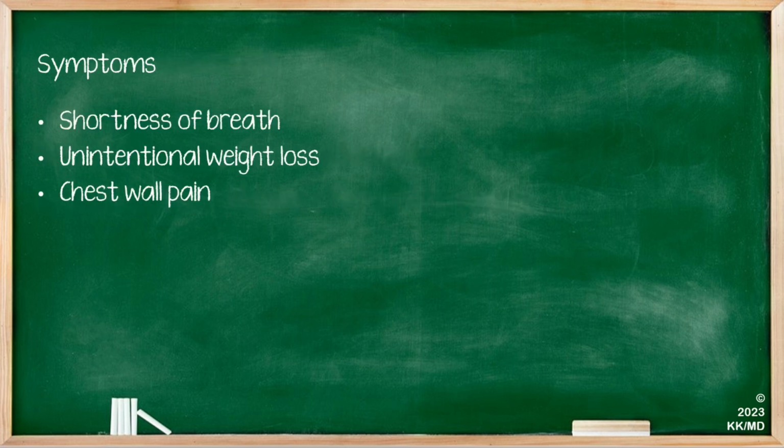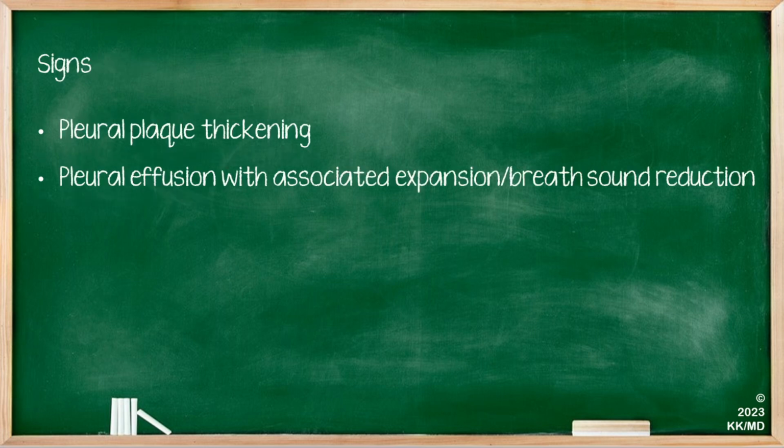As far as signs and symptoms are concerned, it's really quite similar to lung cancer in that the most frequent symptoms that the patient may present with include shortness of breath, unintentional weight loss, and chest wall pain. As for its signs, you would be seeing pleural plaque thickening as well as pleural effusions with associated reduction in chest expansion and breath sounds.